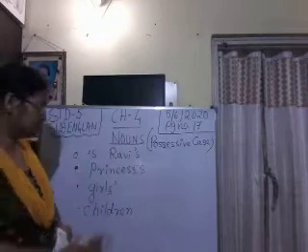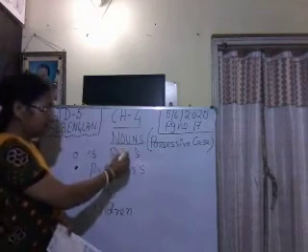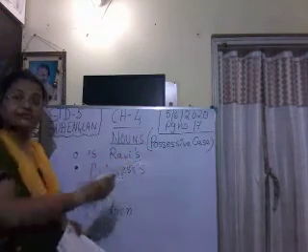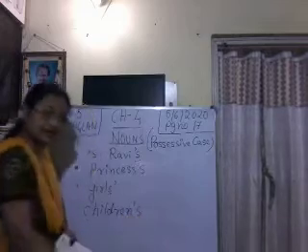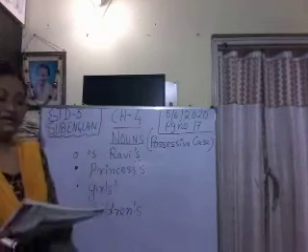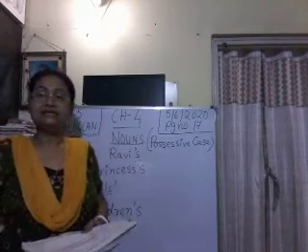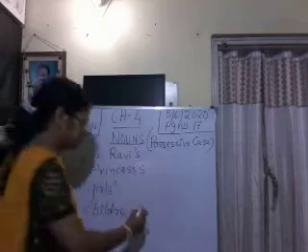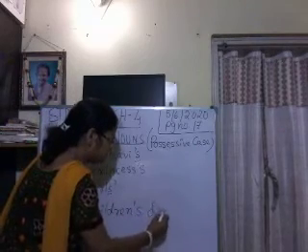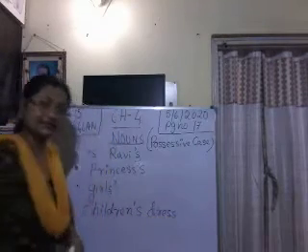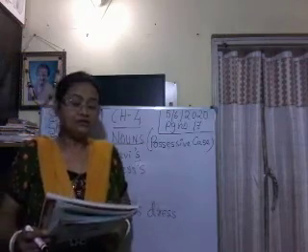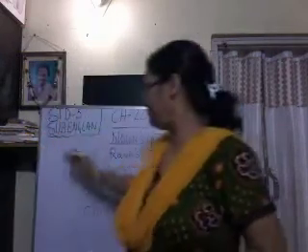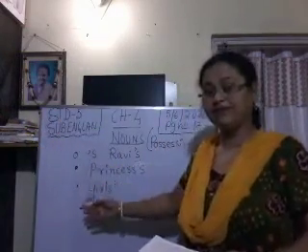Then what will we do? The same rule that we follow for the singular case. We will give an apostrophe, then I will put an s. So this is children's dress. Children's day.